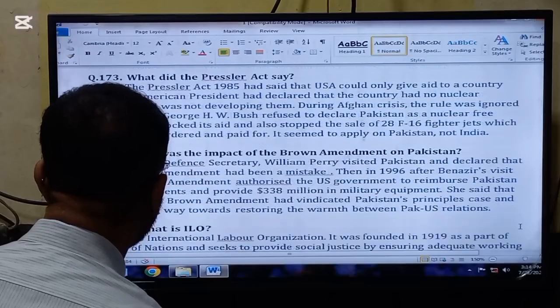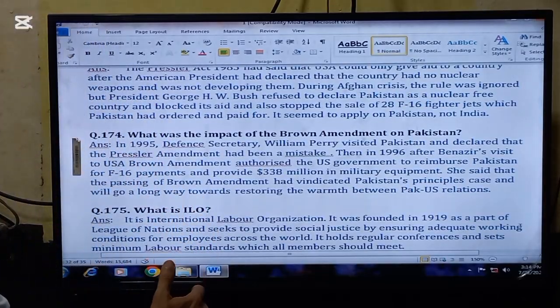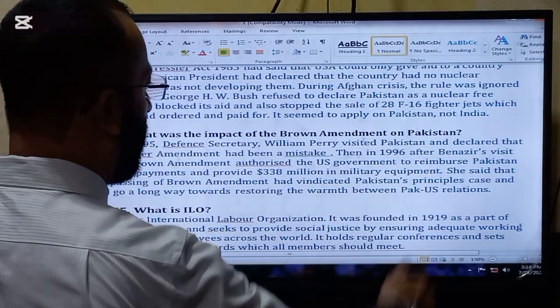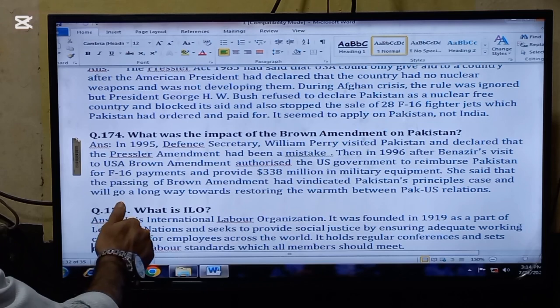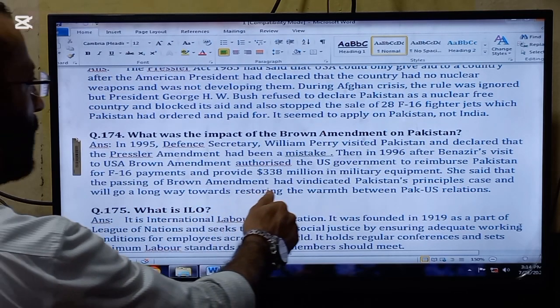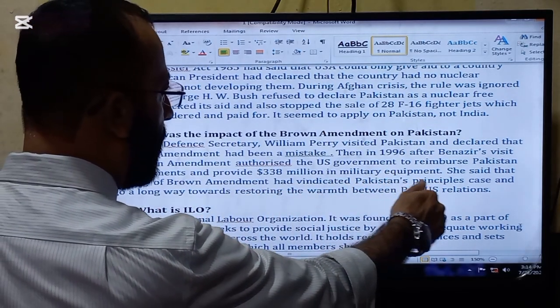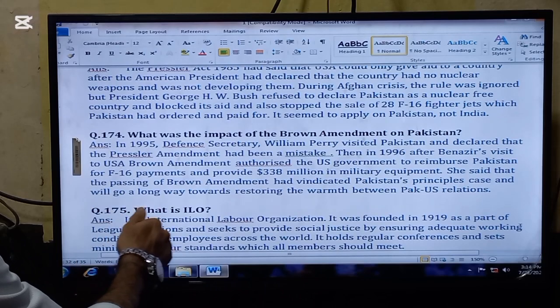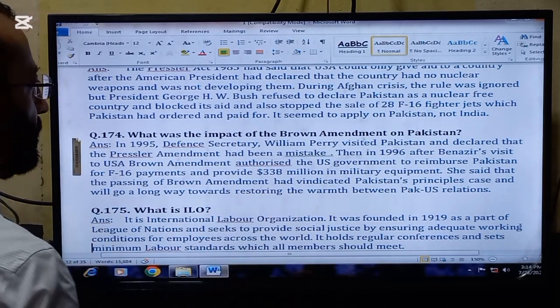The next important question for today is, what was the impact of the Brown Amendment on Pakistan? In 1995, Defense Secretary William Perry visited Pakistan and declared that the Pressler Amendment had been a mistake.